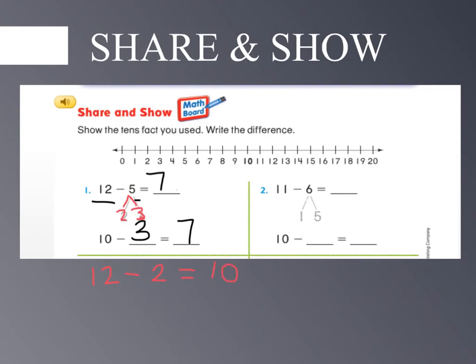Then we would use our tens fact: 10 minus 3 equals 7. 7 is the answer to 12 minus 5. We can show this on a number line by starting at 12. First, we took away 2, 1, 2, and that gave us 10. Then we subtracted 3, and that gave us 1, 2, 3, 7.